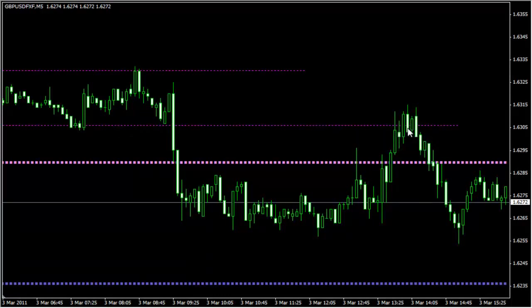It will now act as resistance, which brings me to the key point for this Pro Traders Club installment. Whenever you have the Asian range, the high and low of the Asian session, these boundaries will provide future resistance and support throughout the rest of the day.